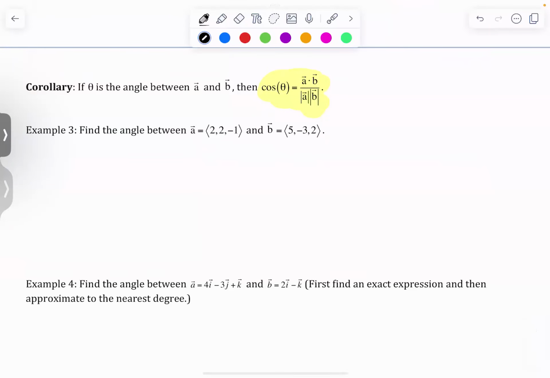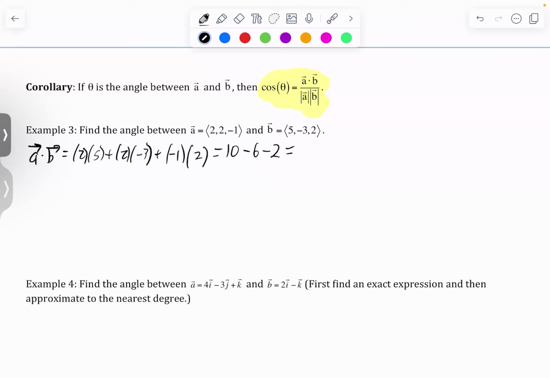So here we have two new vectors, vector A and vector B, and we want to find the angle between them. So first off, I'm going to need the dot product. And again, that's going to be 2 times 5 plus 2 times -3 plus -1 times 2. It's going to be 10 minus 6 minus 2.